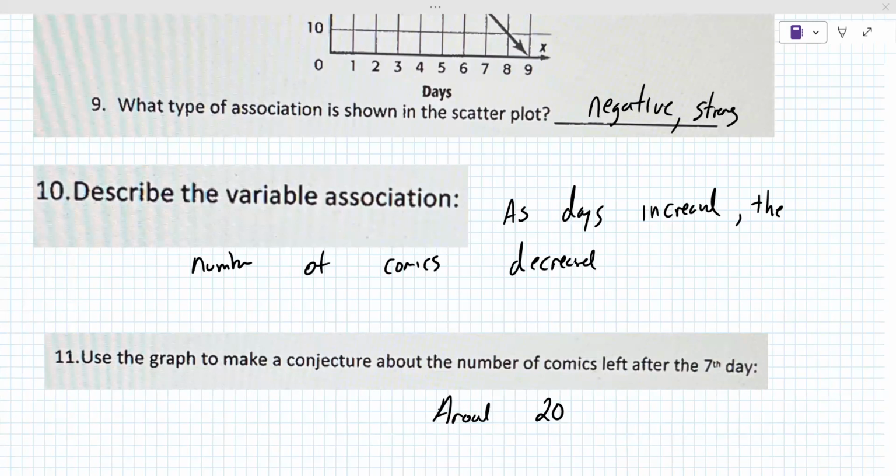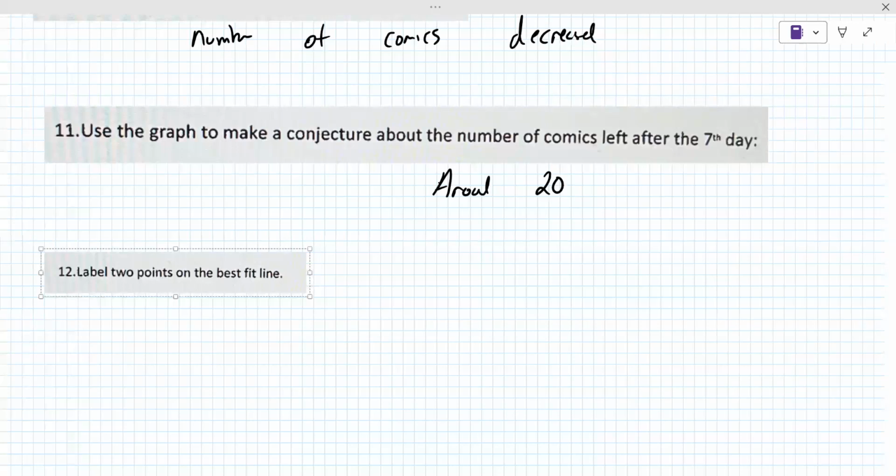Go ahead and give me those as ordered pairs. Two comma 70, 7 comma 20. All right, I like those.